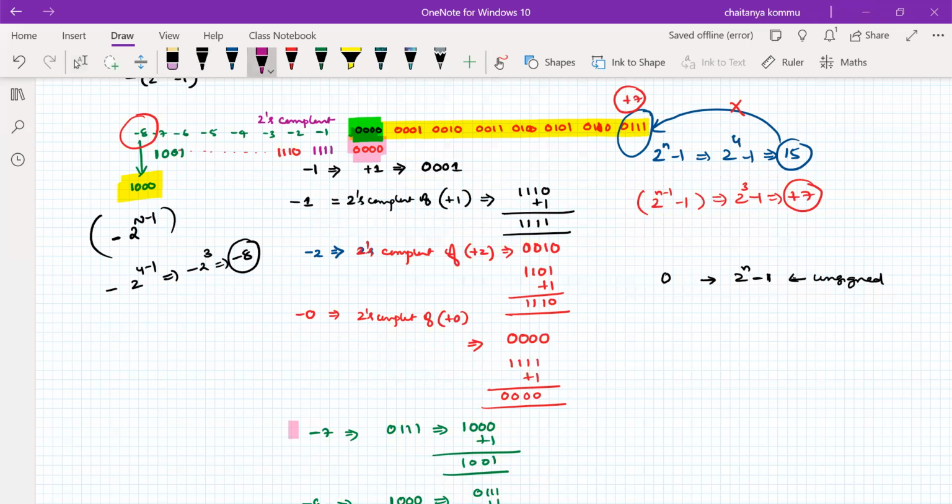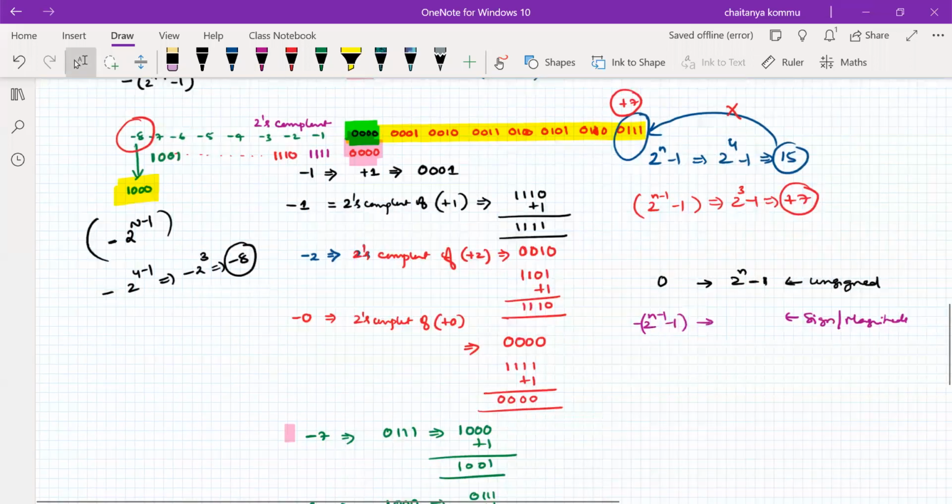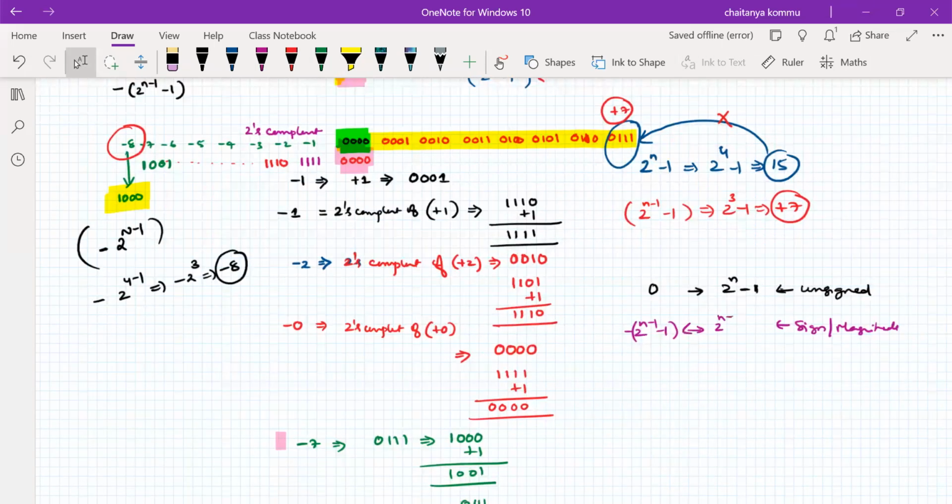Next, for sign magnitude, what do I have to do? Minus of 2 power n minus 1 to 2 power n minus 1, right? Now, for 2's complement, the range is minus 2 power n minus 1 to 2 power n minus 1 minus 1.